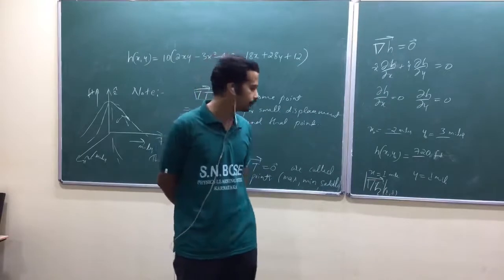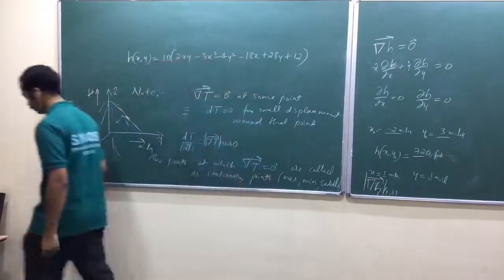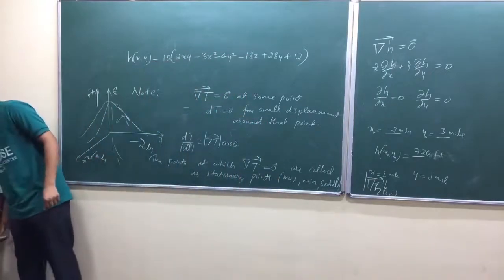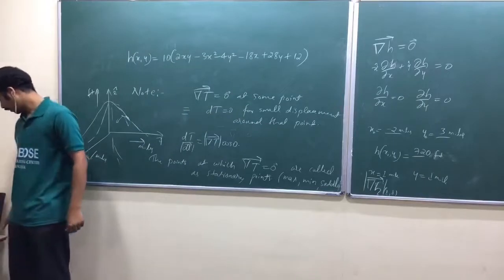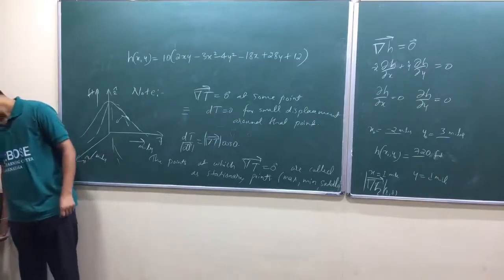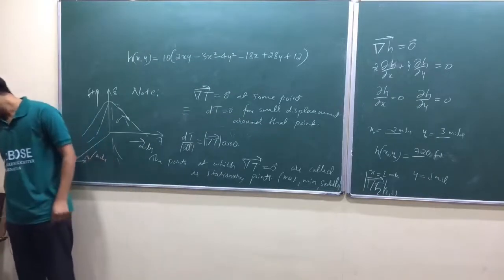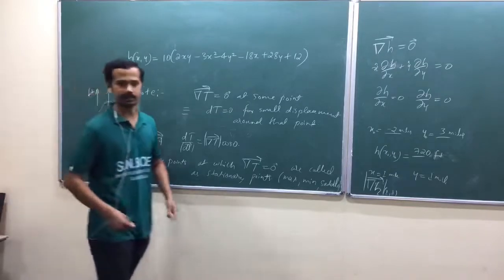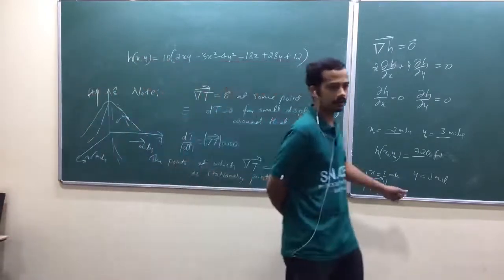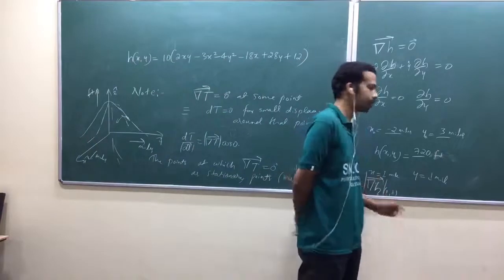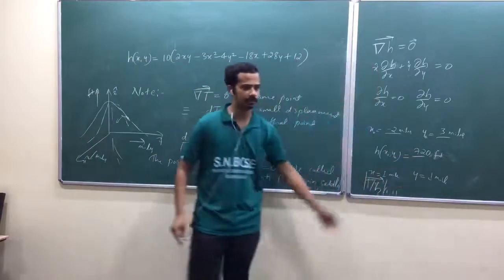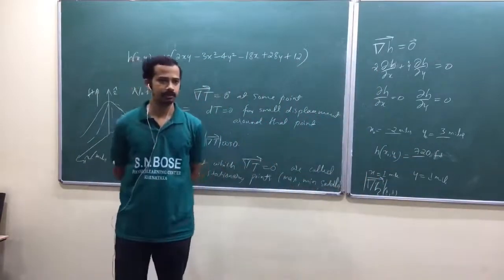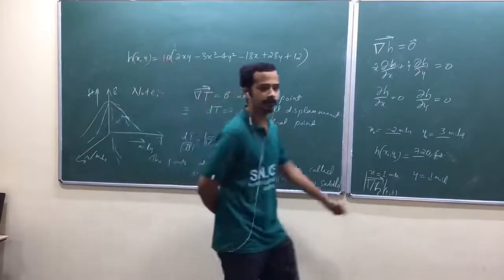The question should be modified. Part C of the question, you had better say what is the slope in the maximum steepest direction. What is the maximum slope? That's enough. So what is the maximum slope at this point?